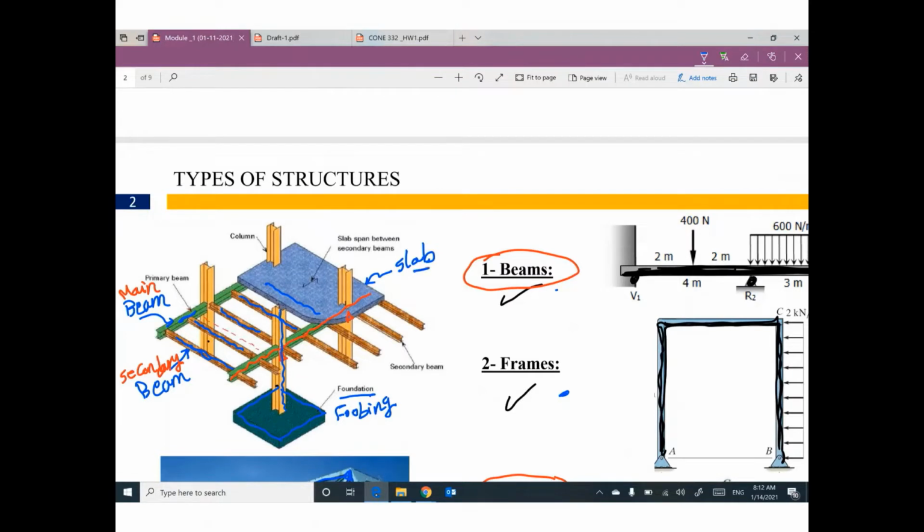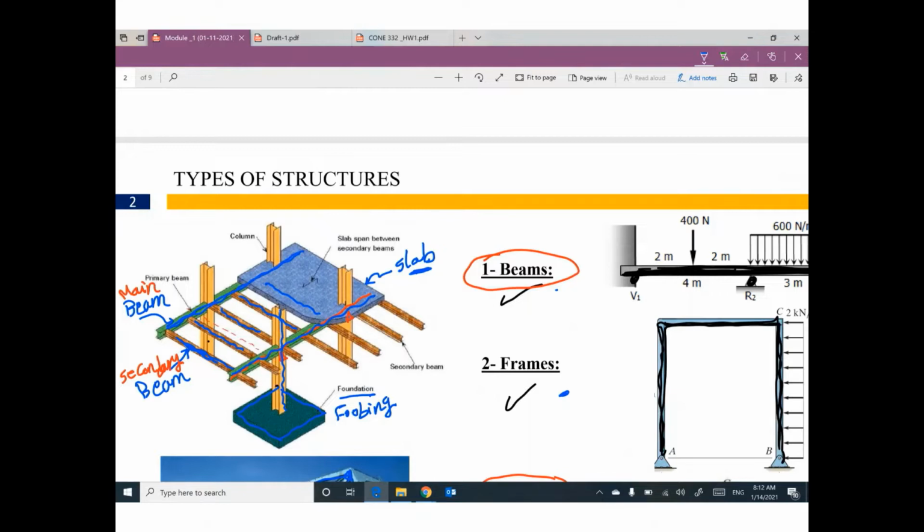this slab is supported by secondary beams and the main beams. Then the secondary beams are supported by the main beams.